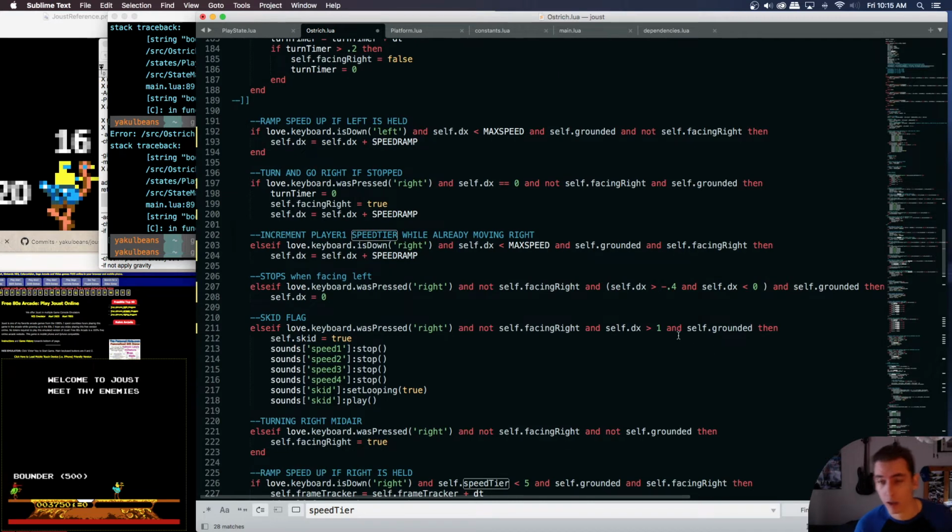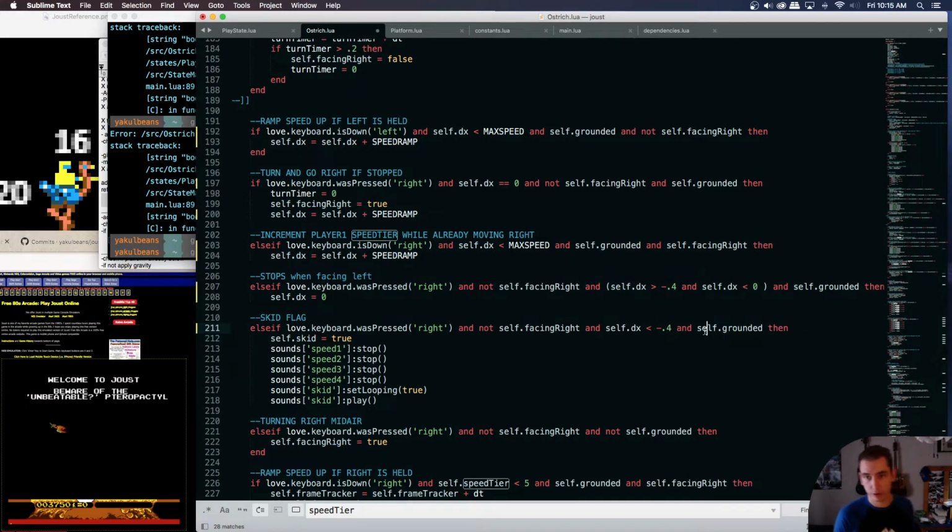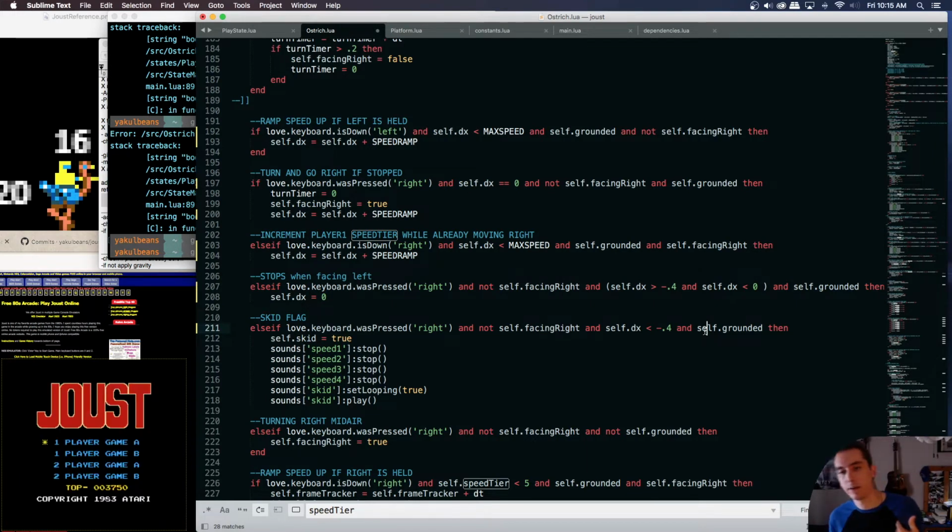Just like this one would be if right was pressed and we're facing left. So we're moving left, and our dx is smaller than -0.4. So we're in our above speedTier 1 moving left range, and we're grounded, then skid.